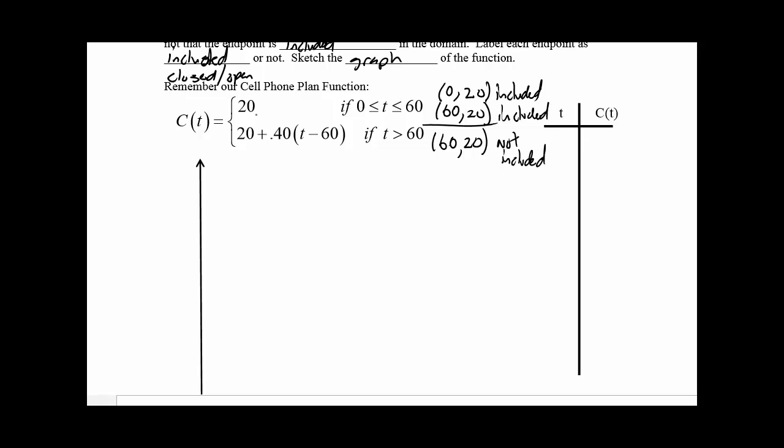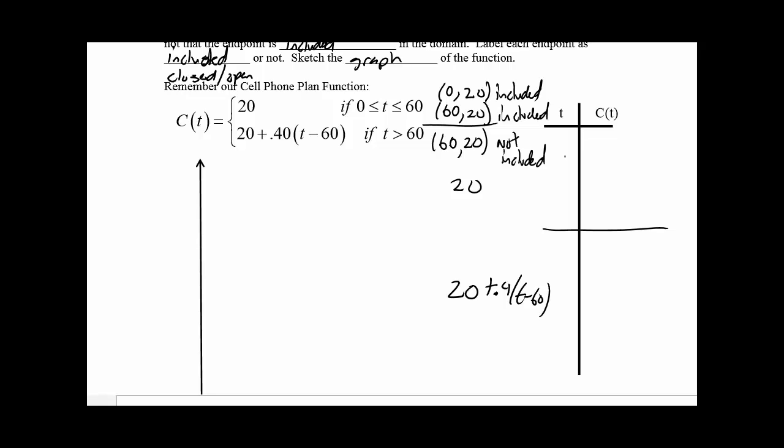Okay, so I see that this particular table has got two equations, either the top or bottom. So I'm going to split my table in half. Half of my table is going to be based on this idea of 20, and half of it's going to be based on this idea of 20 plus 0.4 times t minus 60.